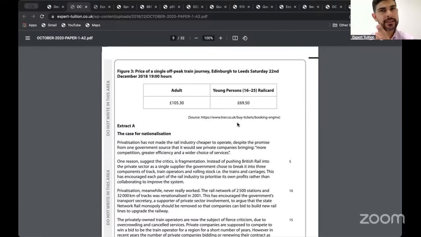Eval. Are they guaranteed to make more profit? No, they're not guaranteed to make more profit because there's a cost involved in actually policing the scheme. You have to monitor and make sure that the people are buying the right tickets. And the reason why seepage, which is infiltration between submarkets, is likely to occur is most people buy their tickets how? Online. Yeah? Do you guys agree that if, let's say, I call one of you up and I go, hey, listen, I'm making the journey from Edinburgh to Leeds next week, and I really appreciate you telling me your student ID code, yeah?